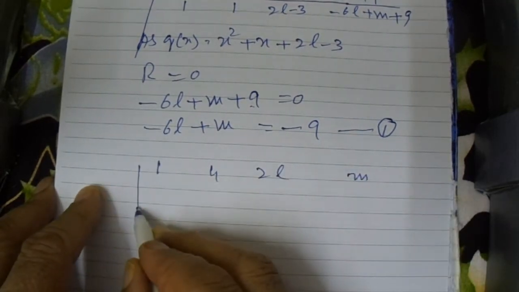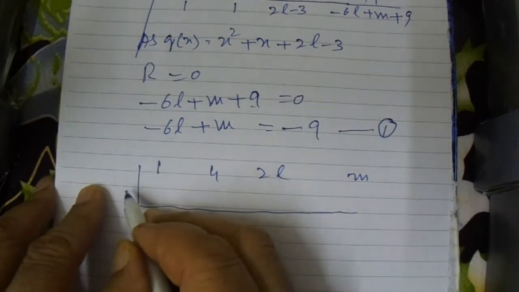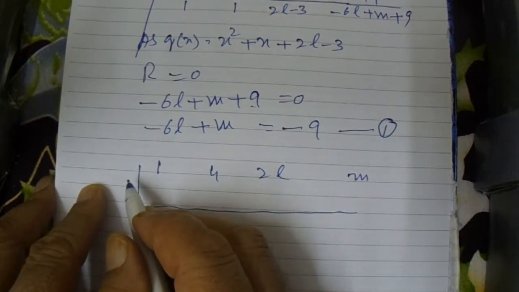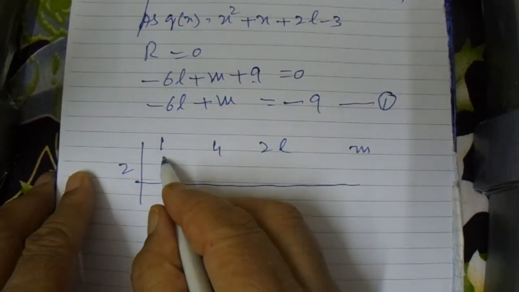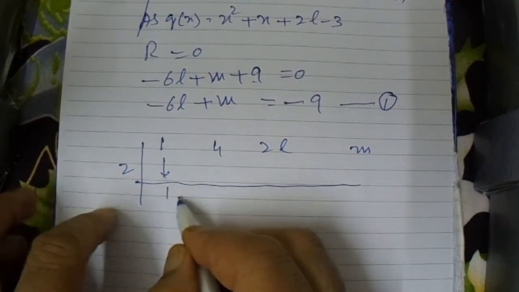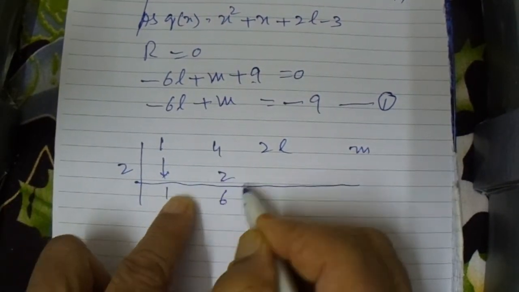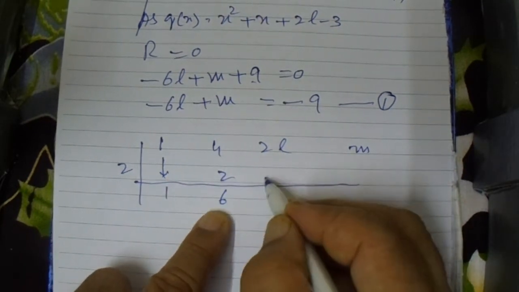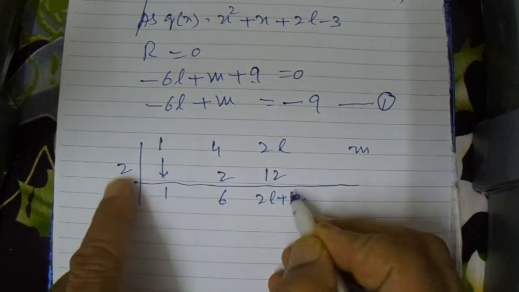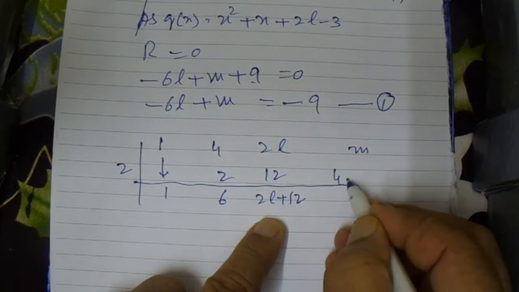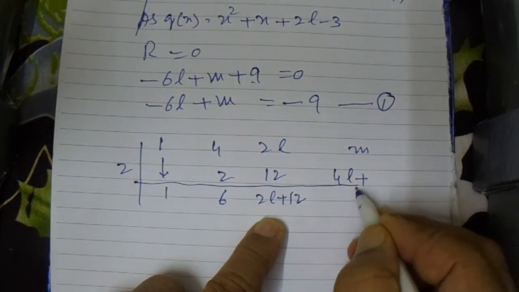The second zero of the polynomial is 2. Here 1, and 2 ones are 2, here 6, and 2 sixes are 12, here 2l plus 12, and multiplying with this gives 4l plus 24.